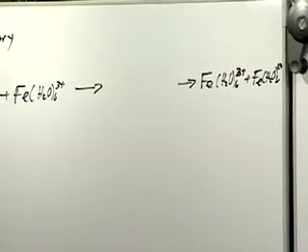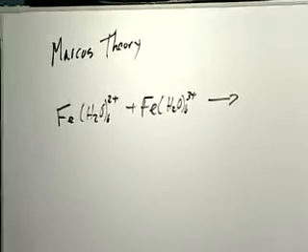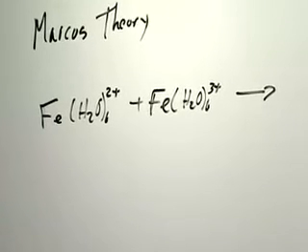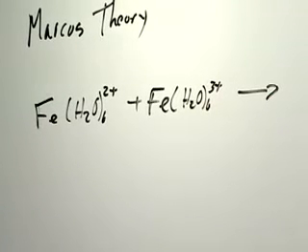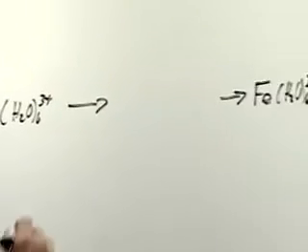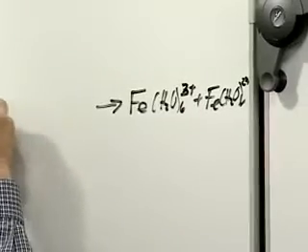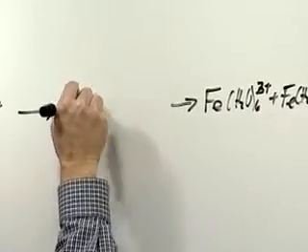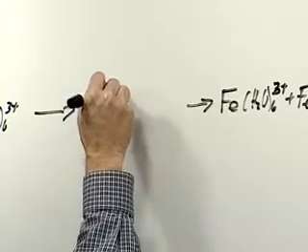These are homogeneous ions in solution that are floating around. Now, clearly, when they're far apart, they can't electron transfer. They can't electron transfer until they come together into some sort of solvent cage and form what I'm going to call our precursor complex.